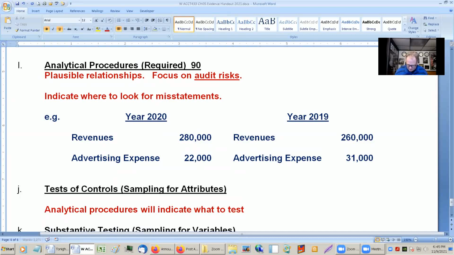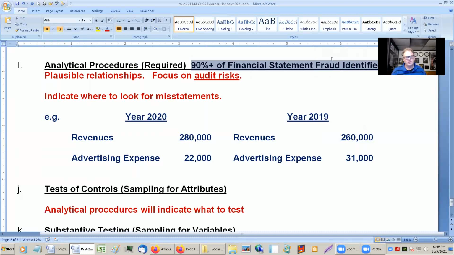Let's say 90 just to be safe. So something like 90% of financial fraud is identified through analytical procedures.